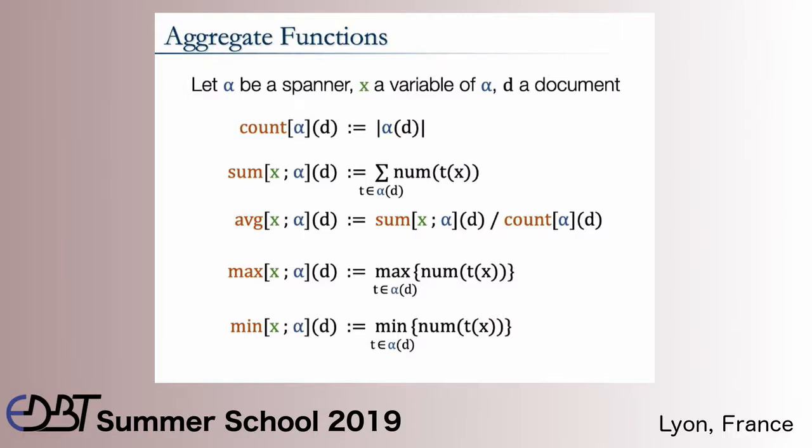Like sum over the variable x of the spanner alpha for the document D is the sum over all of the tuples T of alpha D of the number that the x span of T is mapped to, num of T x. Right, and then average is just sum divided by count. Max is the maximum number, and min.